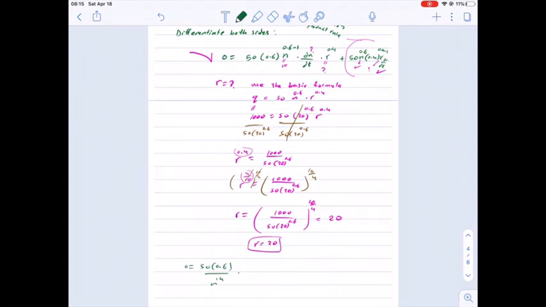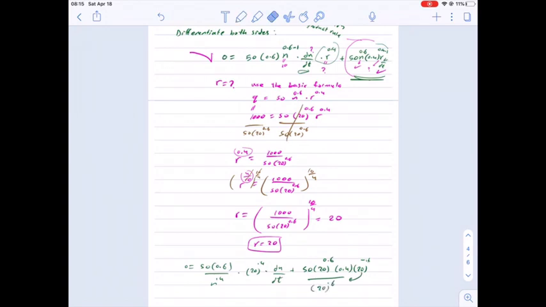Then r to the power 0.4, r is 20 to the power 0.4 times dn over dt, plus, now this quantity, 50 times n is 20 to the power 0.6 times 0.4 times r is 20 to the power 0.4 minus 1, which is negative 0.6.